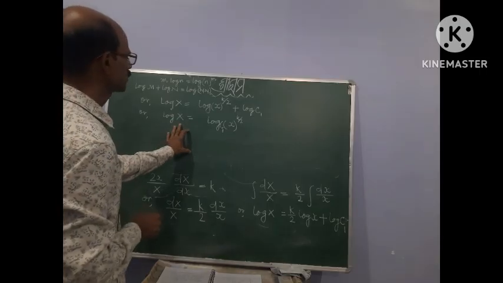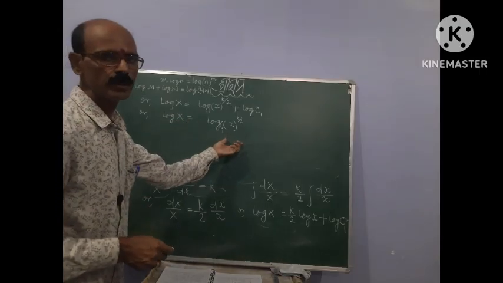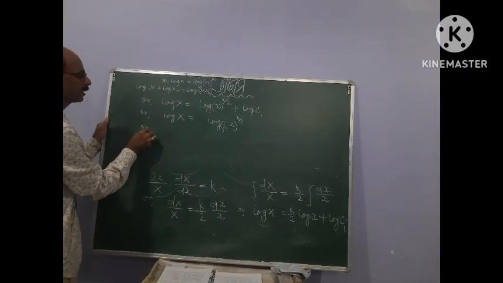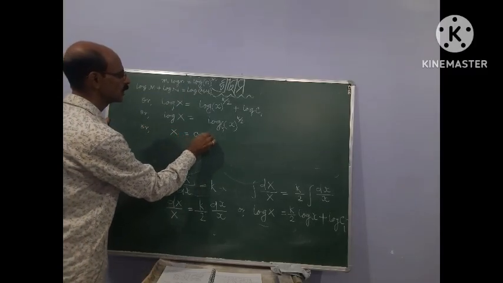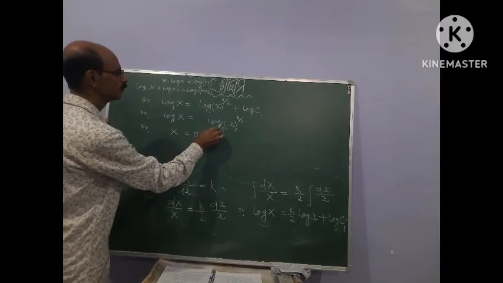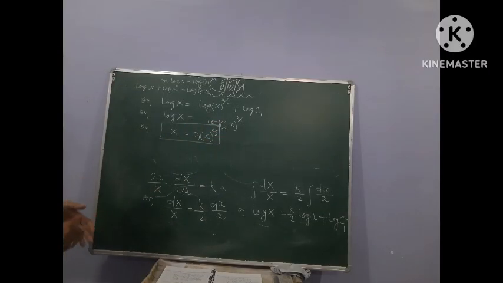This is log X, log this. So log a is equal to log b, which means a equals b, we can write X is equal to C1 x to the power k/2. So we got capital X.